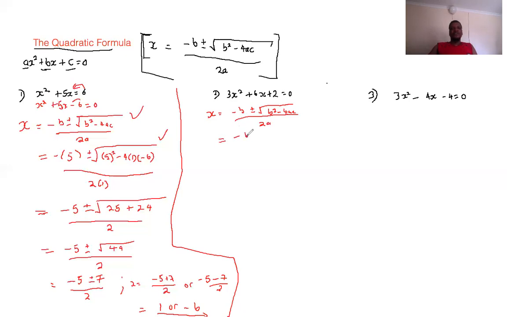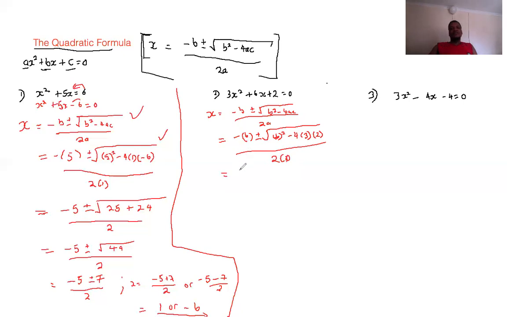Negative 6 in brackets, remember, plus or minus the square root of 6 squared, and it's positive 6 there, minus 4. And what is a? A in this case is not 1, it's a 3. And what is c? C is a positive 2. And we get over 2 times 3.